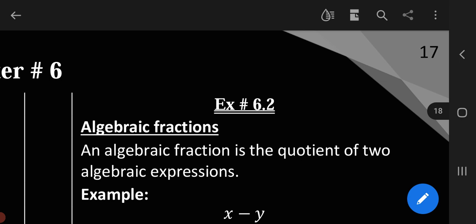Now in an algebraic fraction, we have two polynomials, or two algebraic expressions. One is in the numerator and the second one is in the denominator. When they are both written in the form of a quotient, we say they form an algebraic fraction.